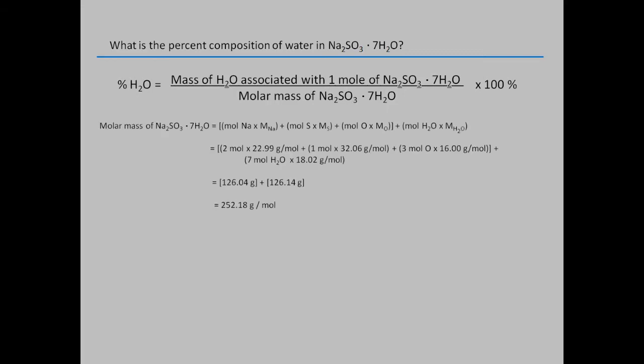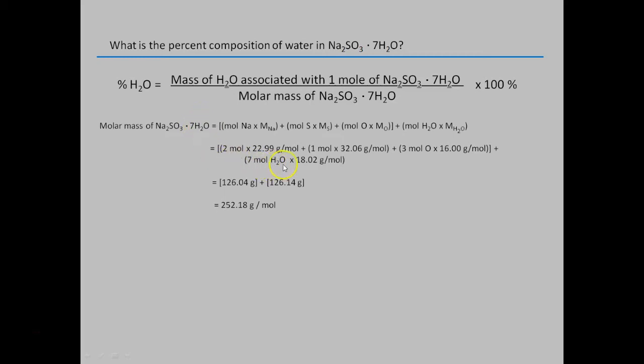So we could determine the molar mass of our sodium sulfite heptahydrate. And what I want to point out is that when we have 7 waters here, that means it's 7 times the molar mass of water.